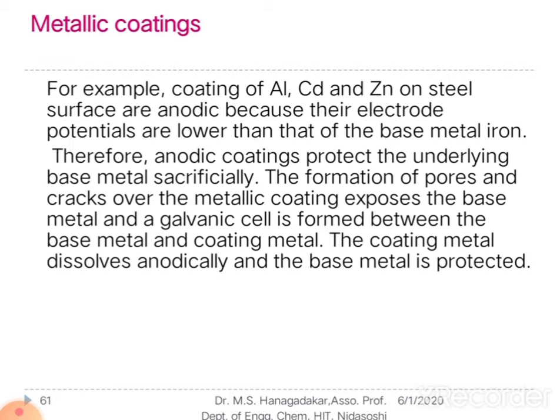Let us take some examples. Some coating metals of low melting point, like aluminium, cadmium, zinc, tin, etc., are used on steel or iron metals, which have relatively higher melting points.